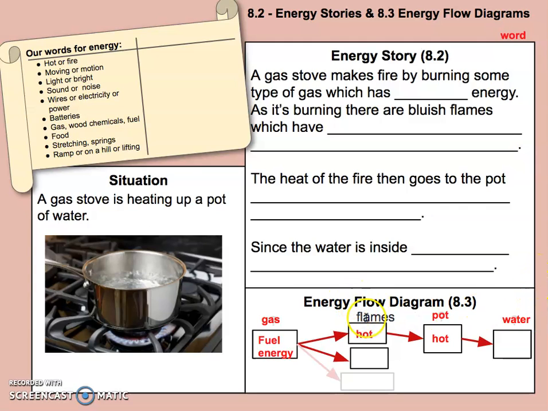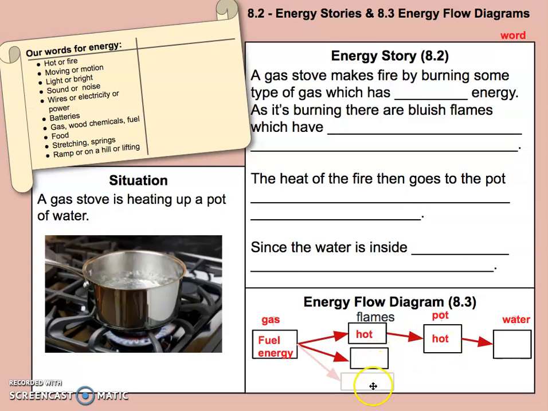So we go from the flames to the pot, which gets that hot energy, and then from the pot to the water. And you can decide what type of energy the water then has. Excellent. So you want to make sure to fill in your last energy types here, and notice that these energy types that the flames produce, that's not the heat of the flames, it's the other stuff the flames do, those don't actually make the pot hot.